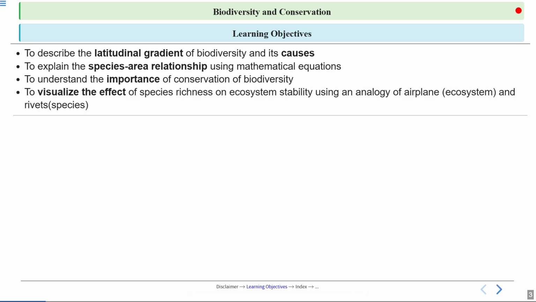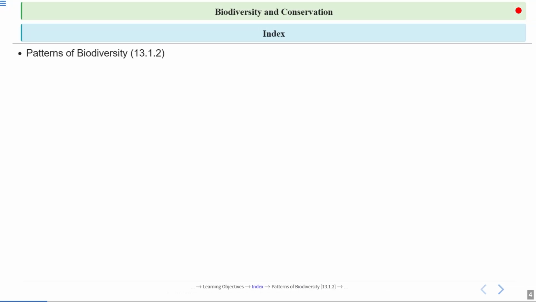And finally, we will visualize the effect of species richness on ecosystem stability using an analogy of an airplane and the rivets. So today we'll be talking about the patterns of biodiversity, which is NCERT section 13.1.2.